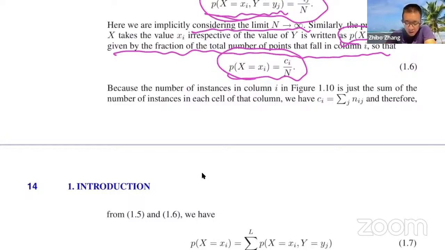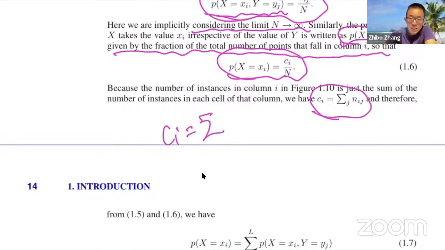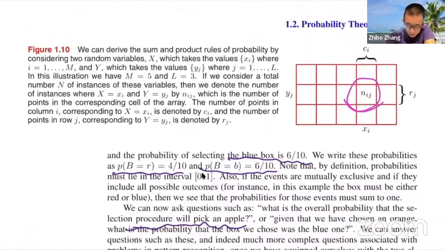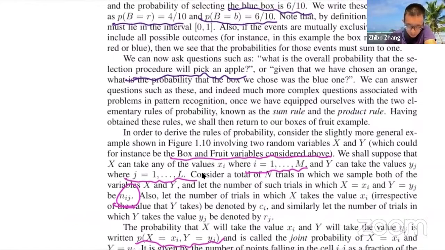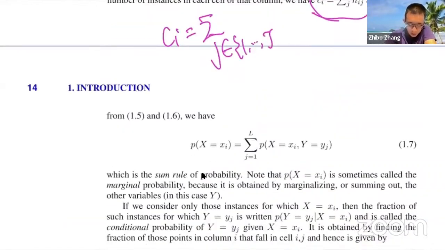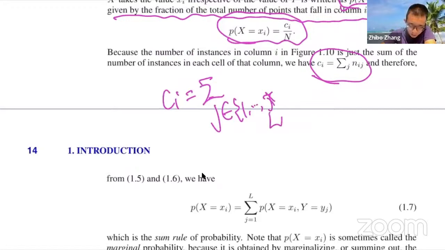We have ci equal to the sum over all the possible j of that column, where j is from 1 to L, not capital G, 1 to L, of nij.